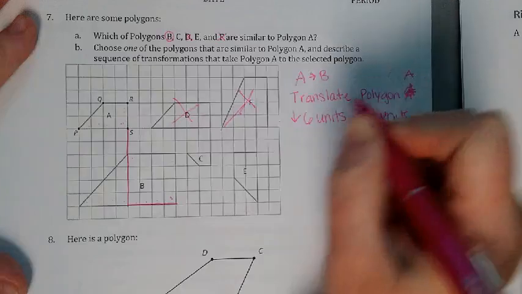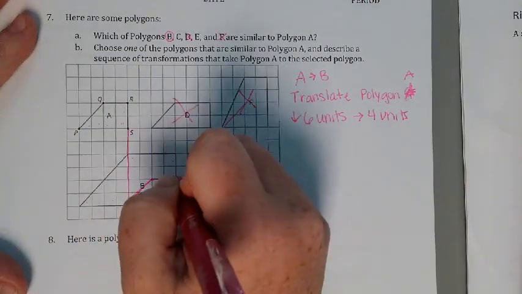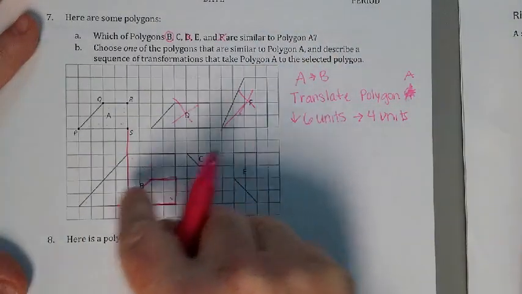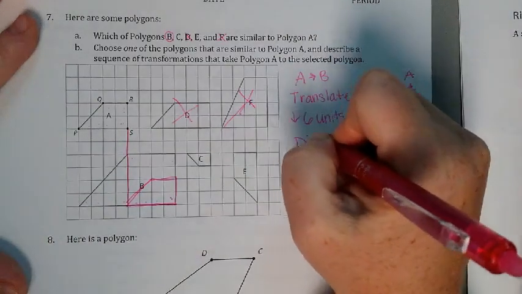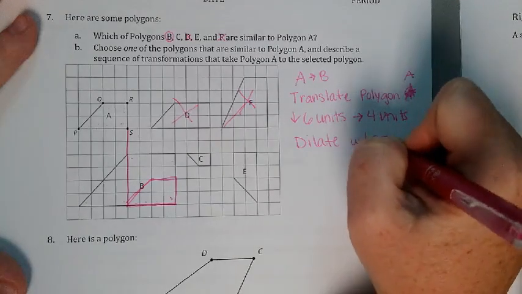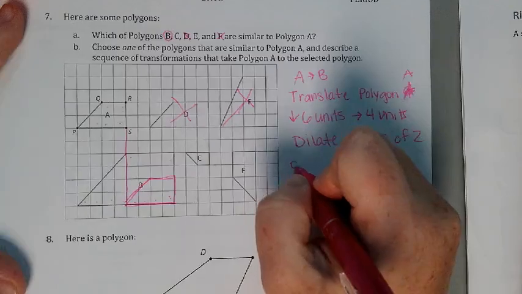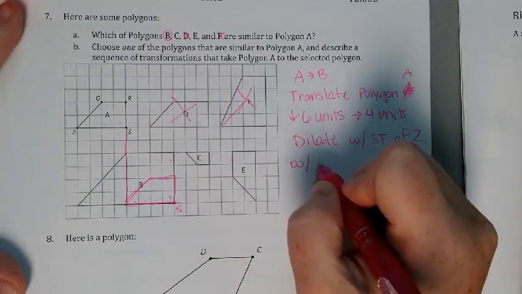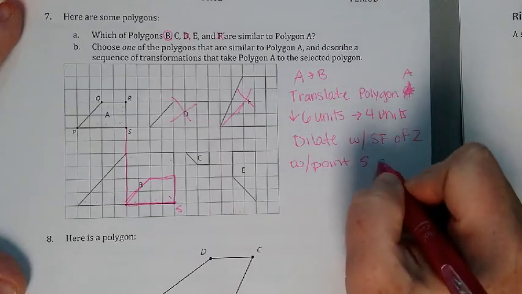So now my shape is right here. So now we need to get 2 times bigger because it was 4 to 8. Dilate with scale factor of 2 with, this is S, S as center.